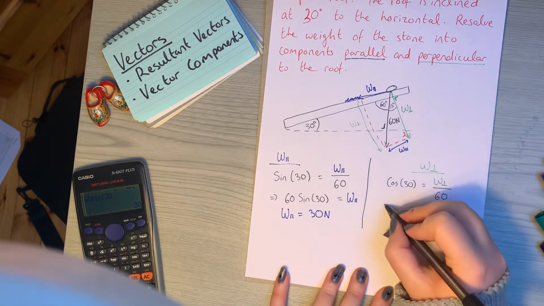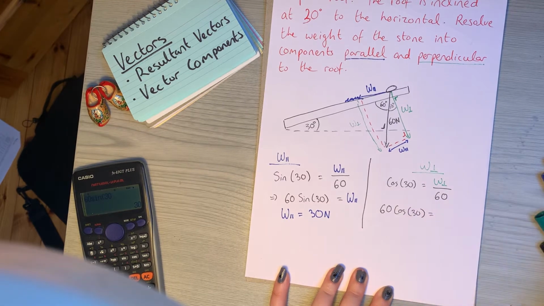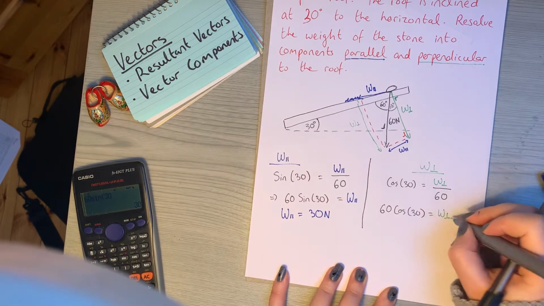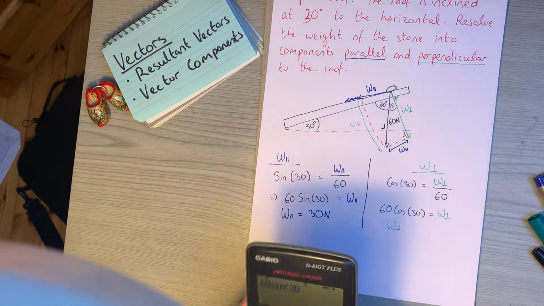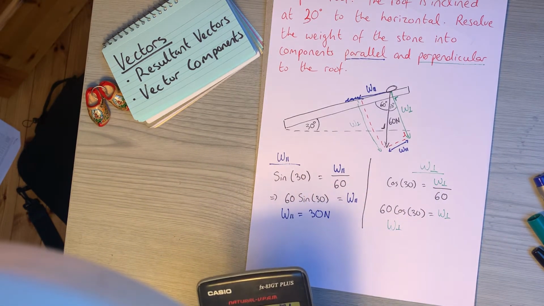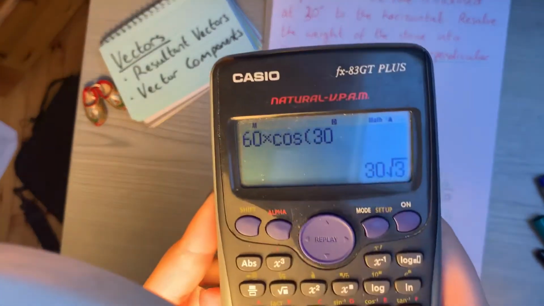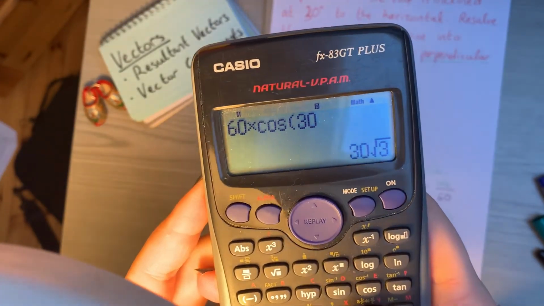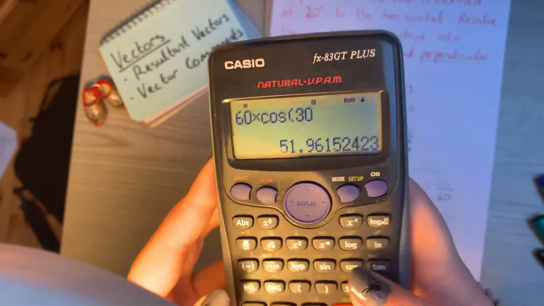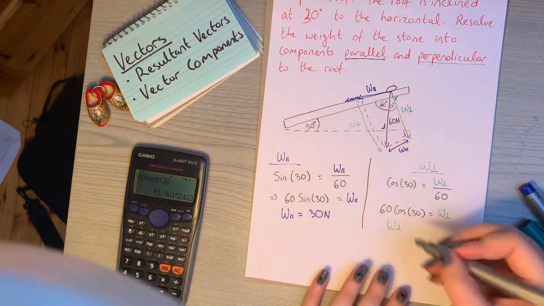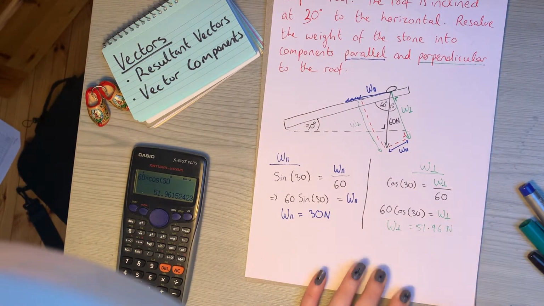So that means that 60 times cos of 30 is equal to our perpendicular component. So our perpendicular component then is 60 times cos of 30. Right, so it's given it to me as 30 root 3. So we can simplify that to 51.96 newtons.